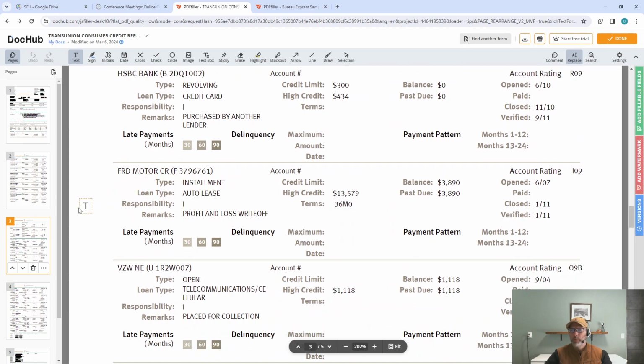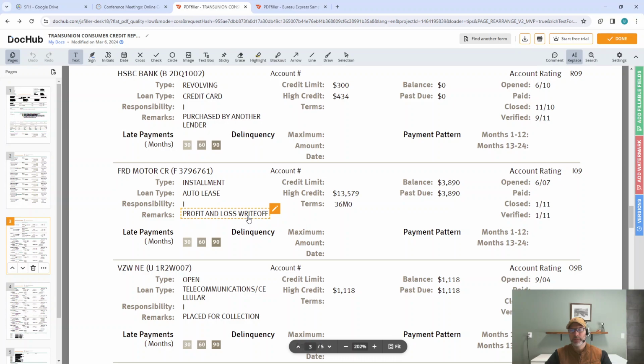Hopping down to Ford Motor Credit, and if you remember, there was a judgment for Ford Motor Credit. This was an installment loan because, again, you take out the loan and you make payments on it in installments, but you cannot continue to charge money against it like a credit card. It was an auto lease, so yes, leases are reported on credit reports, and it resulted in a profit and loss write-off, meaning they were not paid back the full amount and they had to charge it off.